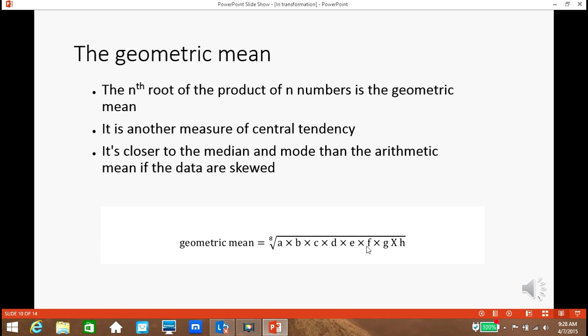So when we back transform the mean of log transform data, we no longer have the arithmetic mean, we have the geometric mean. It's another measure of central tendency, and it's actually closer to the median and mode. The geometric mean is better than the arithmetic mean when we have highly skewed data. And that's because it doesn't get pushed by those outliers like the arithmetic mean does. Remember those shiny outliers?